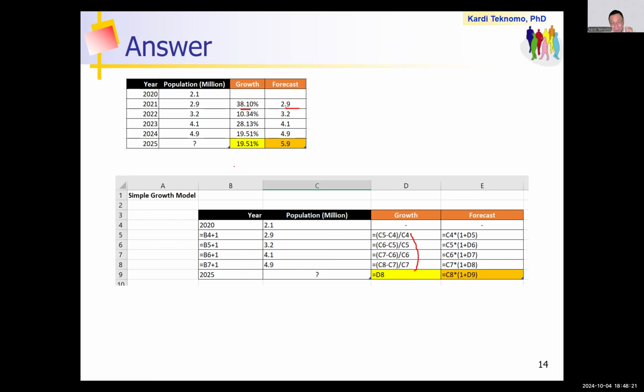To forecast, remember, you need to assume invariance. Then you can get this. So you want to try this first?